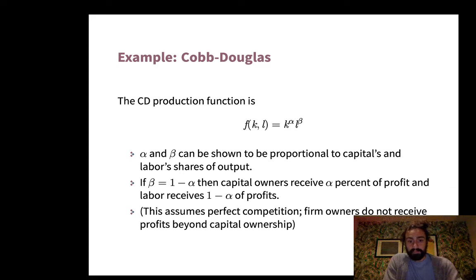If beta is equal to 1 minus alpha, so if alpha and beta sum up to 1, then capital owners would receive alpha percent of profit, and laborers themselves would receive 1 minus alpha percentage of profit. This comes into the macro literature of the distribution of profits towards the capital ownership versus the labor ownership in general equilibrium models, which I'm sure you're studying in your macro class, so maybe that looks familiar.